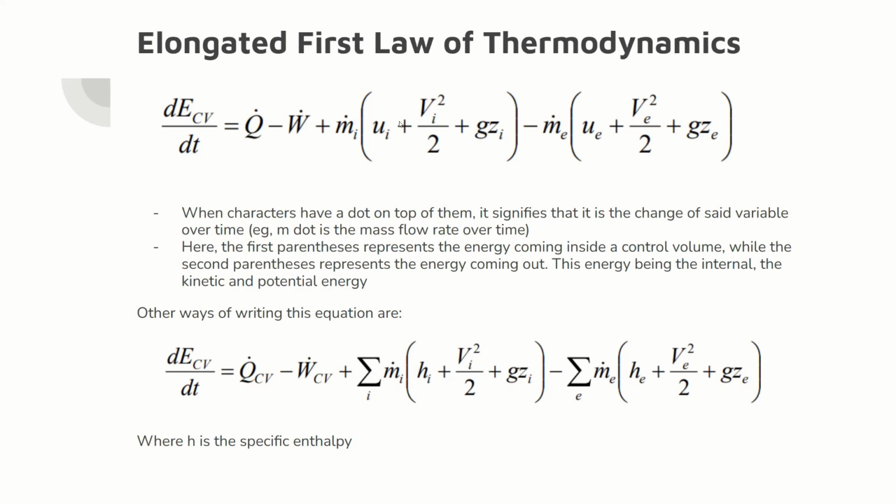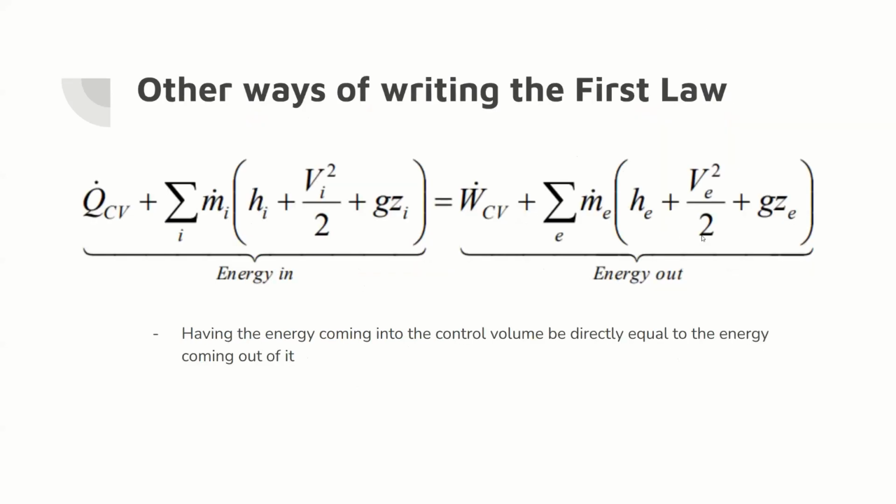And the values that are always there, all the time, are either specific internal energy or specific enthalpy. This is just the same equation, but reformatted, since dE divided by dt is equal to 0 here, so you can reformat the equation this way.